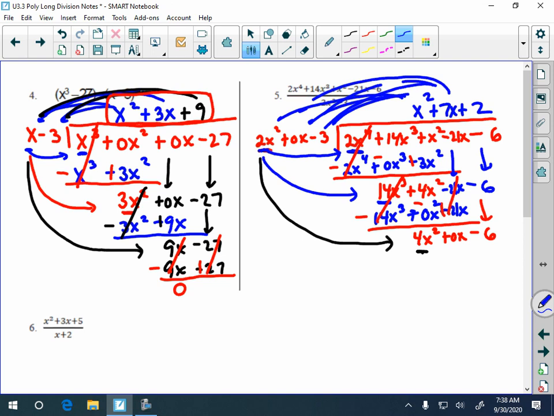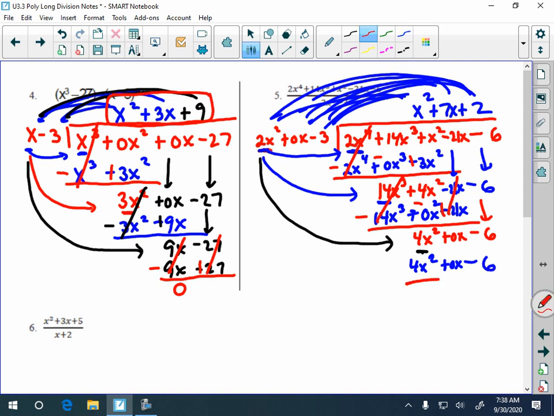And so I already was at a 7x. And so the only term that could come next is a constant term. Right. So 2 gets distributed over. So 2 times 2x squared is 4x squared. 2 times 0x is 0x. And 2 times negative 3 is minus 6.